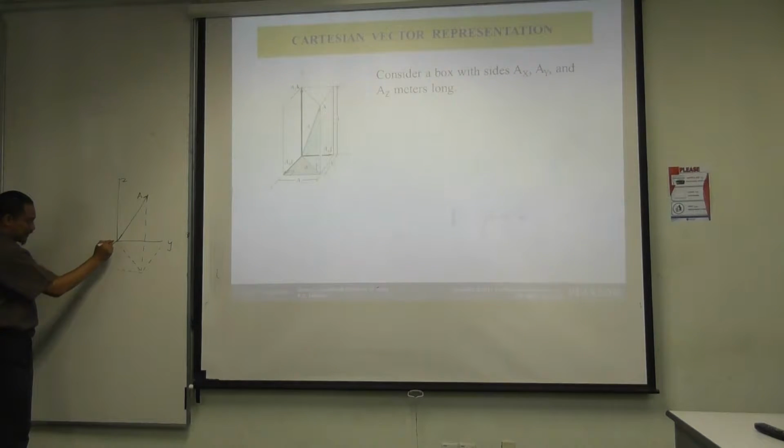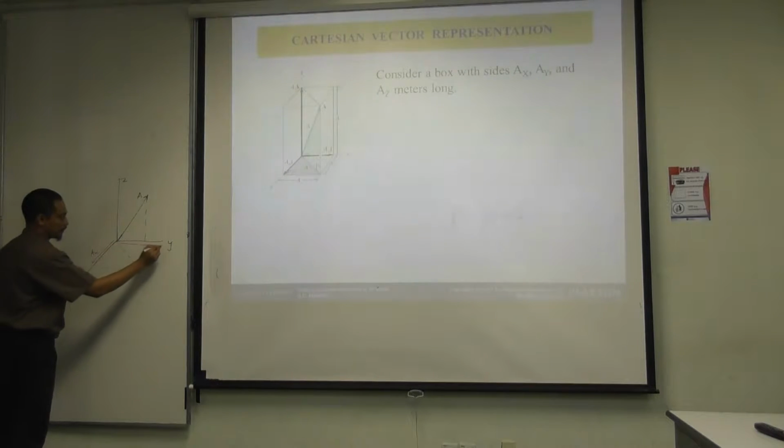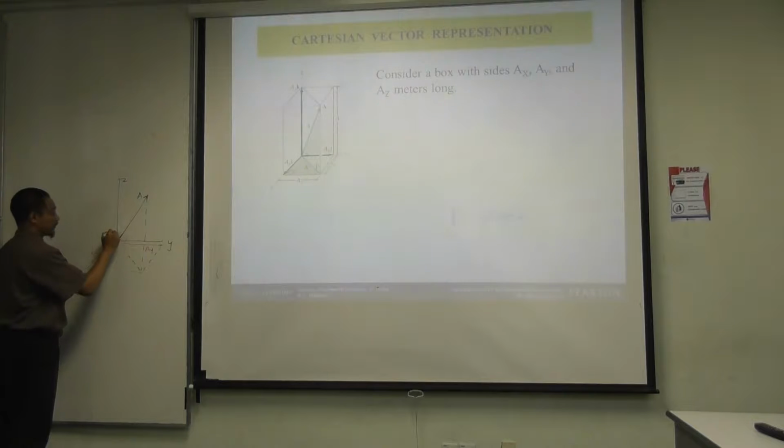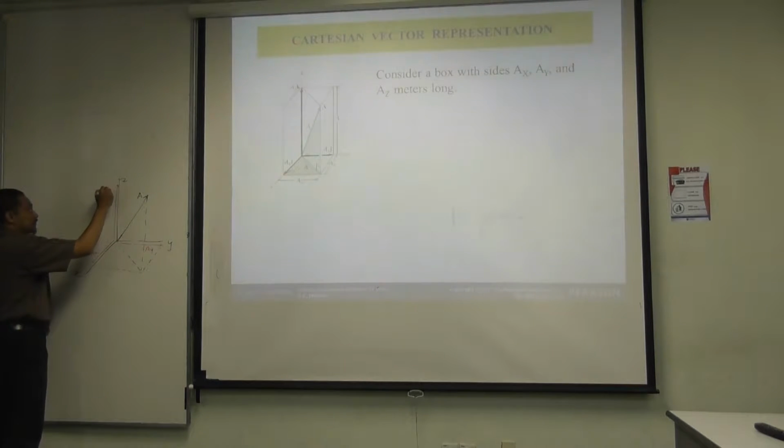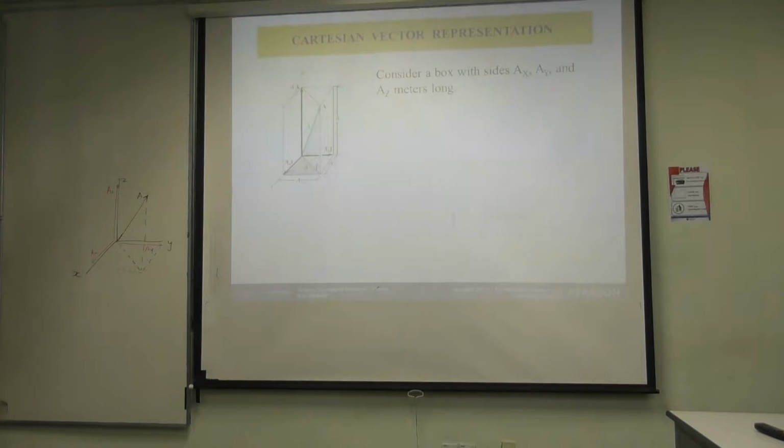So you'll have the x component and the y component, and you have the z component. And if you know all of these three components, you can express A as Ax i plus Ay j plus Az k.